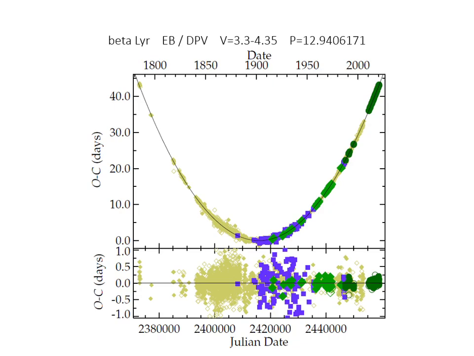These are the residuals from the fit at the bottom here, and it has a period of 12.9 days, and the bulk of the residuals are within half a day. Given how difficult it is to observe, that's quite an achievement, really.